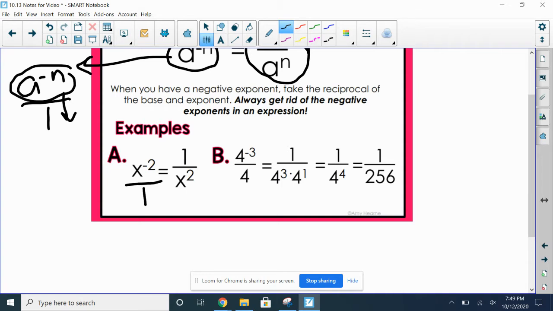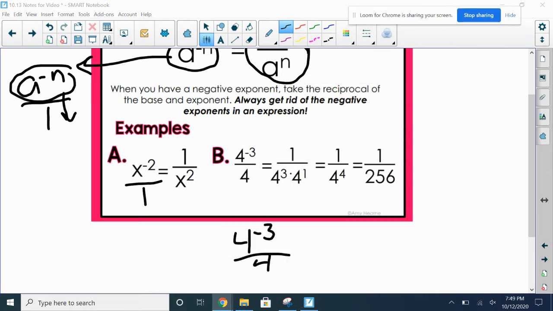So what happens if, when I move a negative exponent to the bottom, I've already got one there? Well, in this second example, we have 4 to the negative 3 over 4. And let me move this, telling us we're sharing our screen.